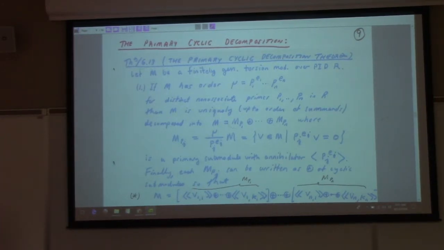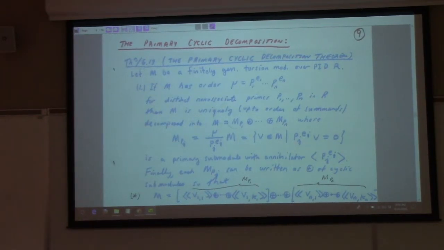Well, okay, so then M is uniquely, up to the order of summands, decomposed into a direct sum of these p primary components, where we can define M sub p sub j by this. That's the primary submodule with that annihilator. And each one of these M sub p's can be written as a direct sum of cyclic submodules in the sense that the previous theorem stated.